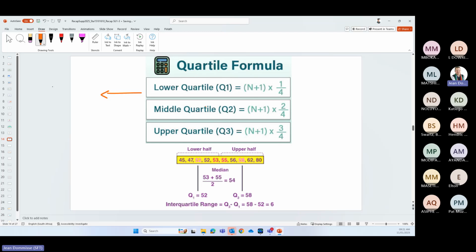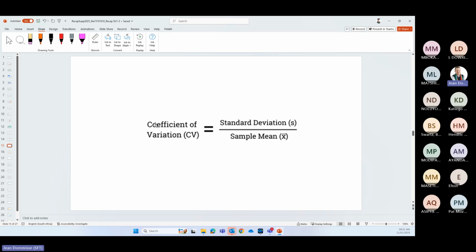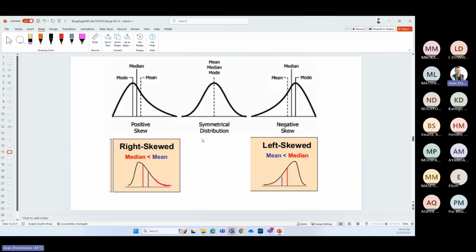Then if you need to get the number or the value, you will need to go to your data with this position in mind and get to the data. Coefficient of variation, sometimes one misses it in the study guide, so I just added it here as well.